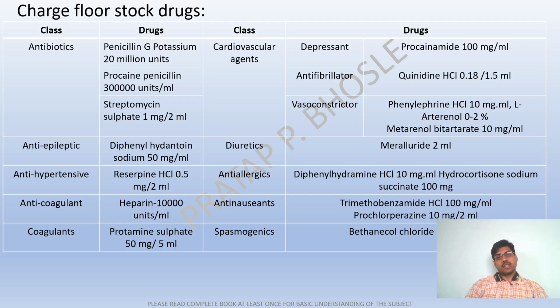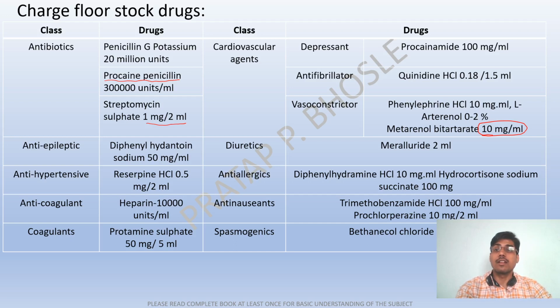Even in the interview they can ask which are the commonly used drugs, and you should know the brand names of these drugs also, along with the dose. But I believe questions might be asked from these only, because these are the most used drugs. We can't learn the dose and brand name of everyone, but at least for these important drugs we should.